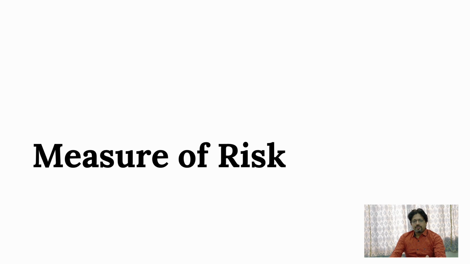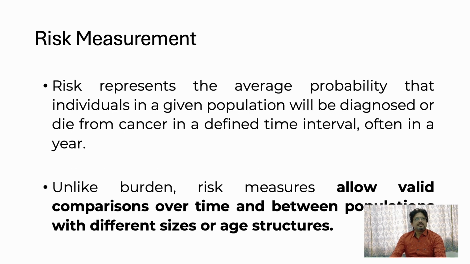When we talk about risk, it gives us information regarding the average probability that an individual in a given population will be diagnosed with or die from a cancer in a defined time interval. Risk gives us a valid comparison over time.